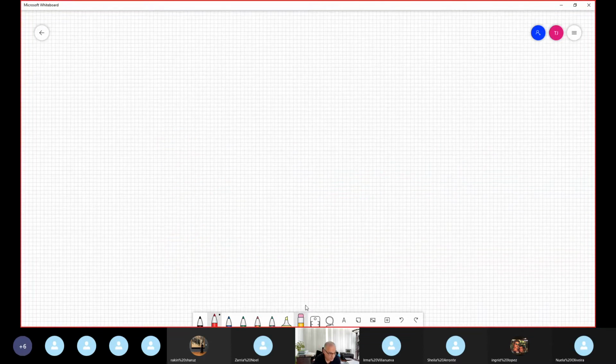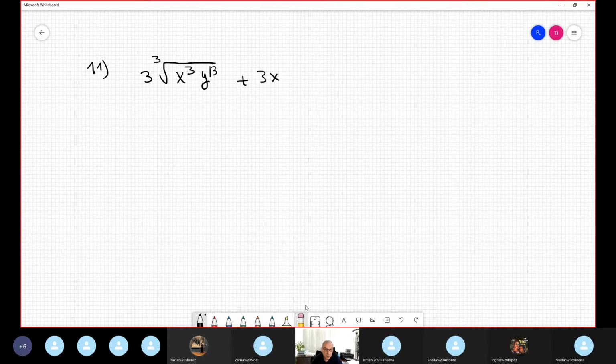Now 11. 11 is easy. It's the radical. And radical is always easy. You have 3 times the cubic root of x to the third power y to the 13th power, plus 3xy times again the cubic root of 27 y to the 10th power.